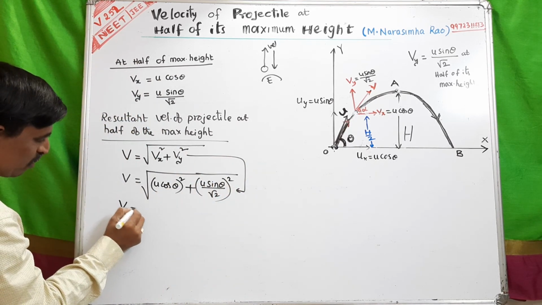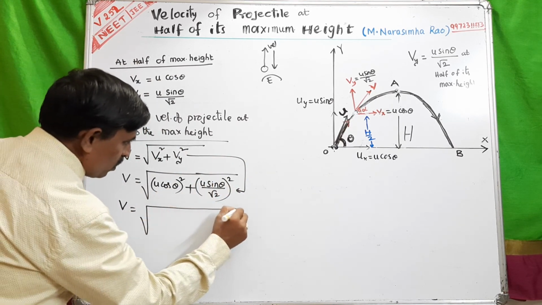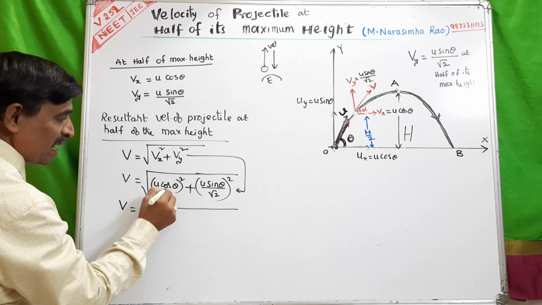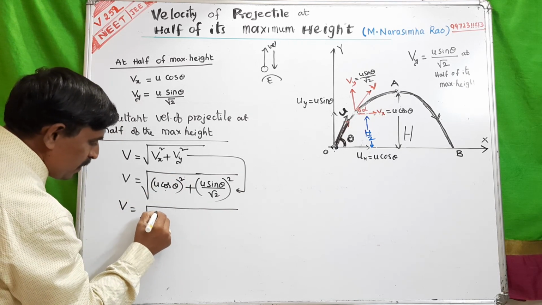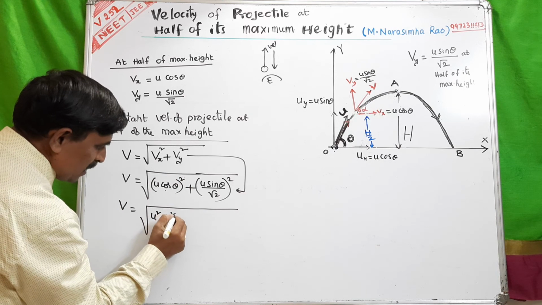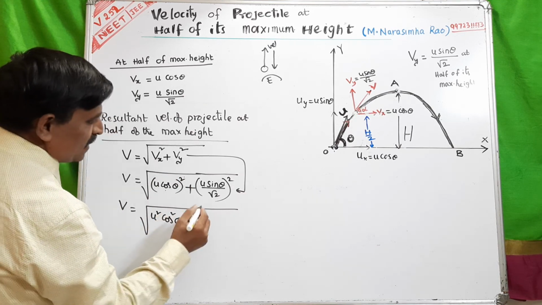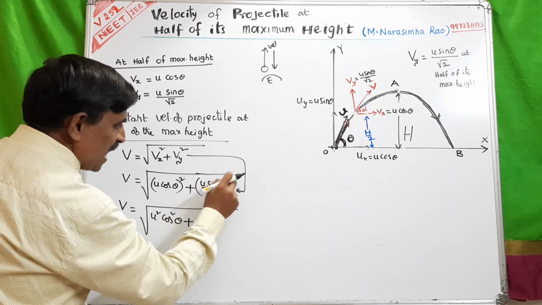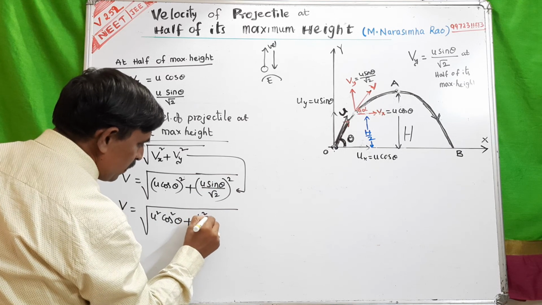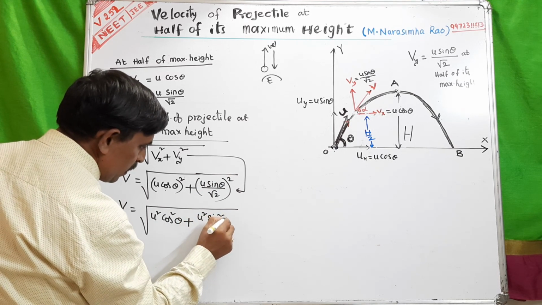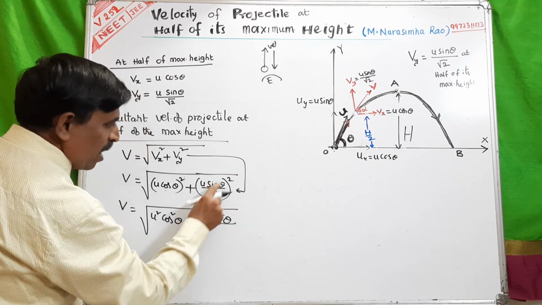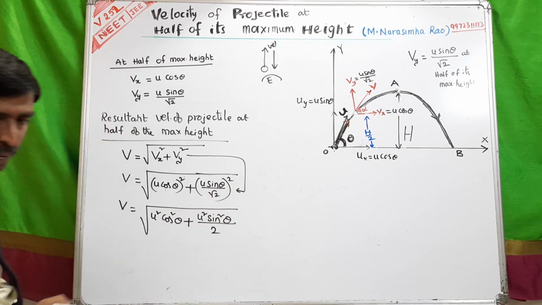V is equal to under root of u square cos square theta plus u square sin square theta by 2. Square root to cancel 2.